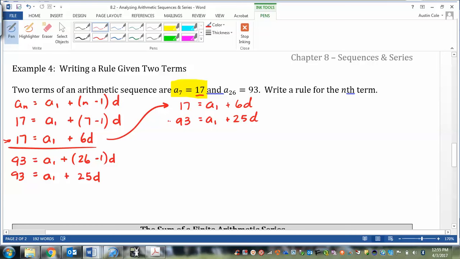So if I subtract them right now, what's going to happen to a sub 1? It's going to go away, isn't it? And that will help me find d, because if I get rid of one variable, now I only have one left. So help me out here. 17 minus 93. Negative 76 equals, those go away.